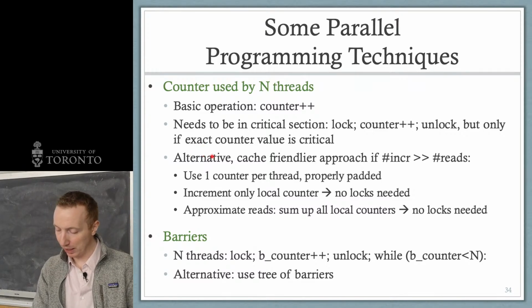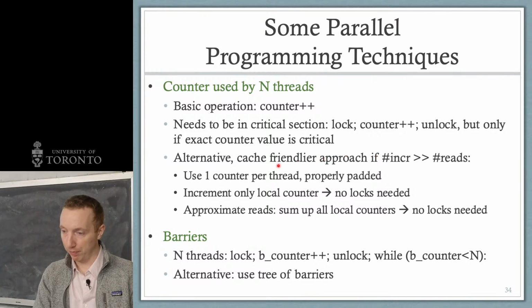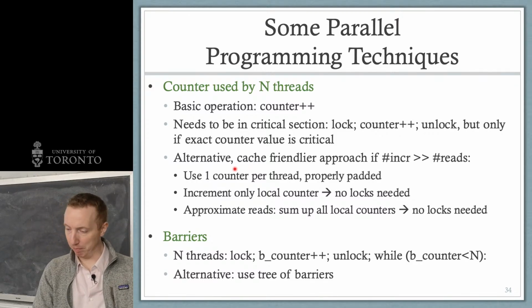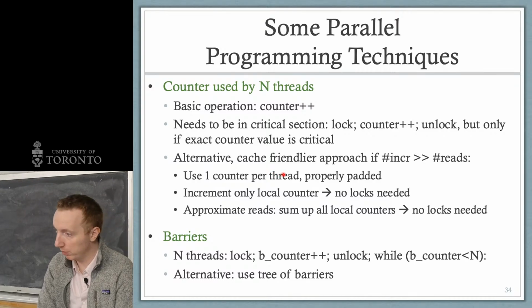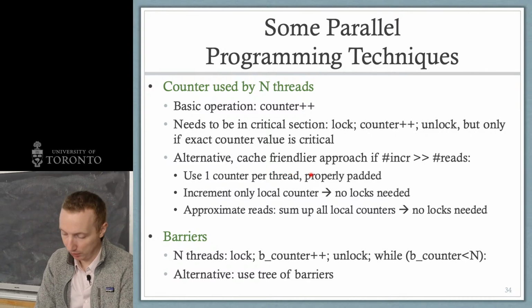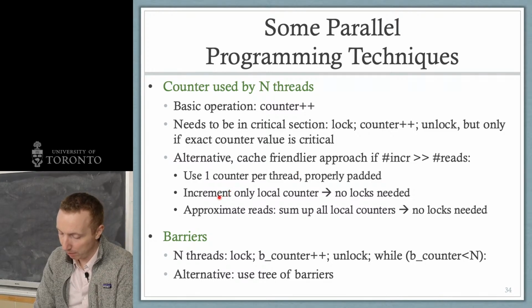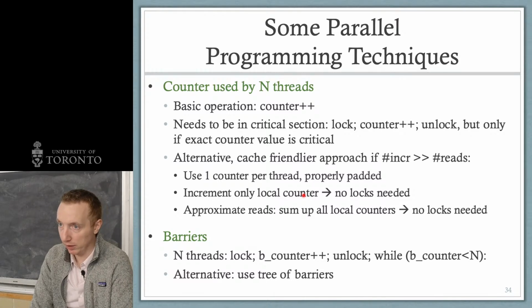If you want a cache friendlier approach, like if the number of increments is way, way greater than the number of reads, then you essentially do a map reduce type thing. So you give each thread a local counter variable, properly padded so we don't have any cache line issues. Have them all increment their own local counter so I don't have any locks needed.